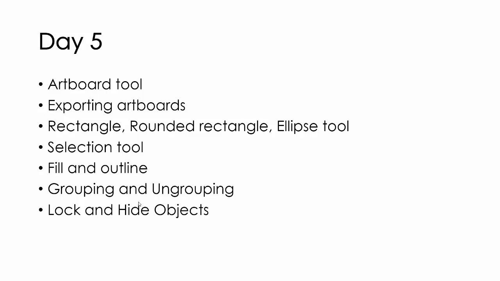And then we will learn how to lock and hide objects. We learned how to lock and hide guides in day 4. Today we are going to see how we can do the same thing with objects or shapes like rectangle, rounded rectangle and ellipse. So let's jump into Illustrator without wasting any further time.